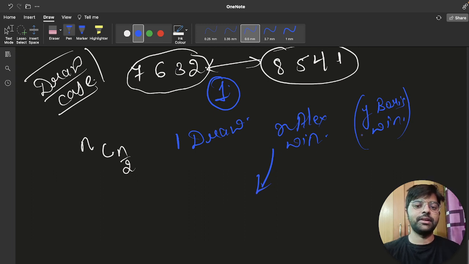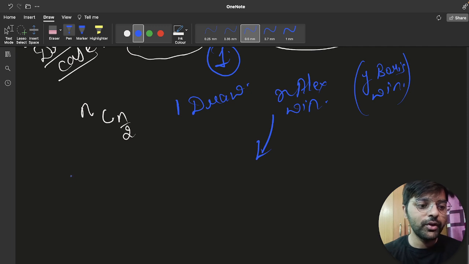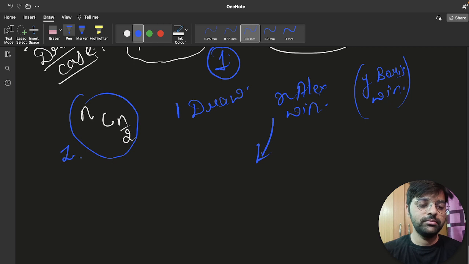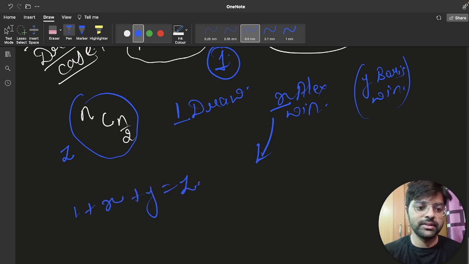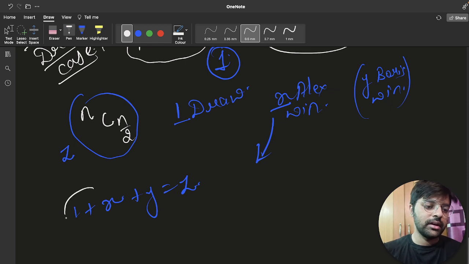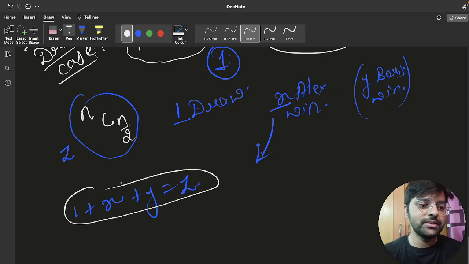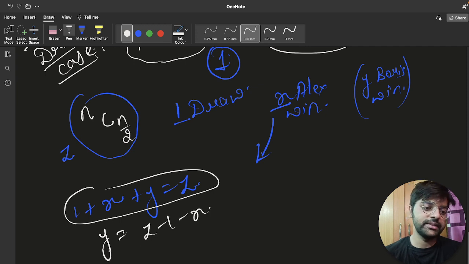If I know x, then we can easily know y. How? Because we know the total number of possibilities, let's consider it as z, and there is one draw and x games where Alex wins. So 1 plus x plus y equals z, right? Actually we won't need this condition, but I am simply explaining. So if we know z and x, then z minus 1 minus x gives us y.